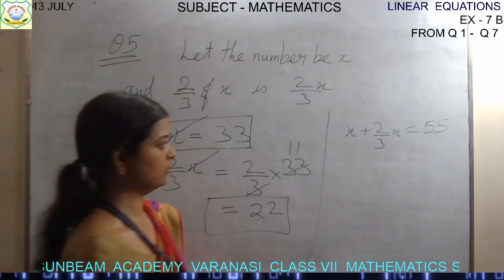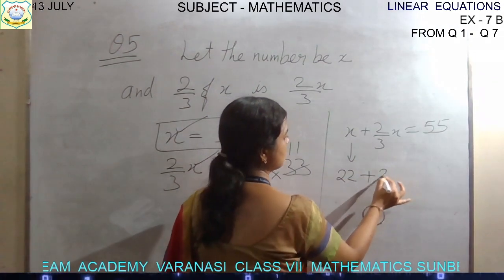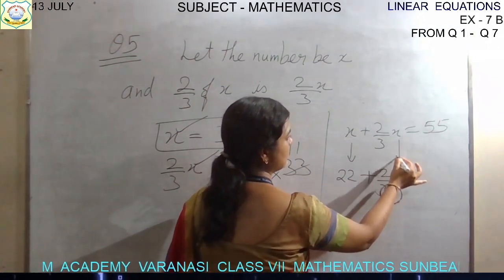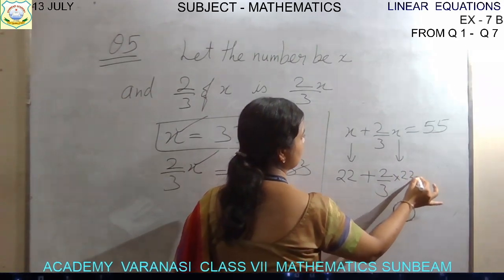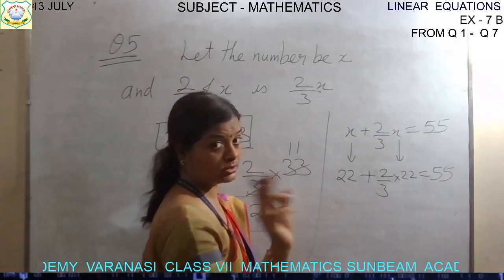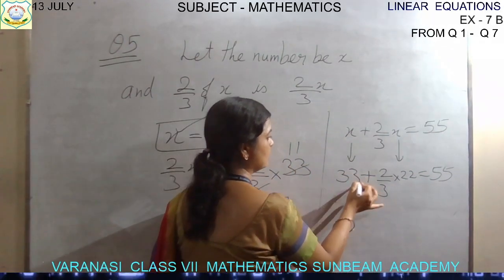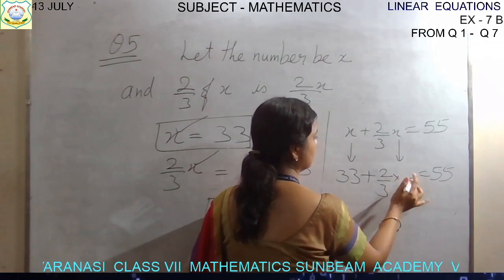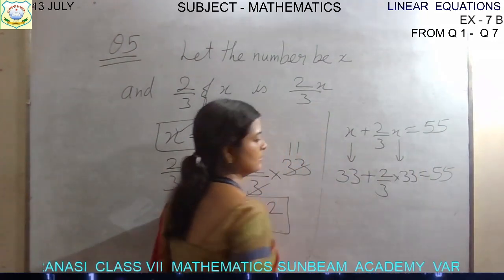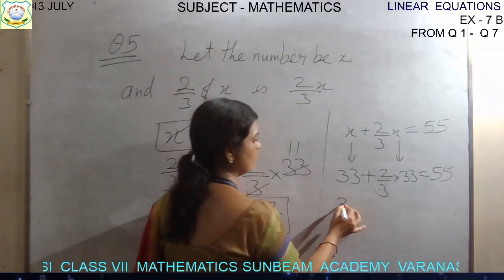Just substitute x as 22, plus 2 by 3 x as 22 is equal to 55. Not 22 children. It's 33. X was 33, na?